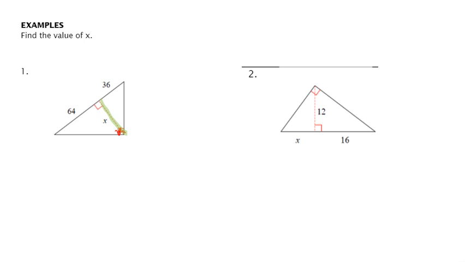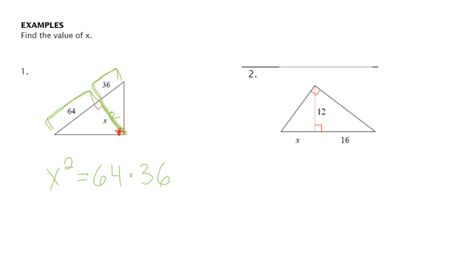So what we're basically going to do is take x and square it. And that's going to be the same as the smaller segments that make up the hypotenuse, right? So if you think about it, you're coming straight down from that right angle, and I'm squaring the x, and I'm saying that's the same as 64 times 36. So it's the same as the two smaller segments that make up the hypotenuse.